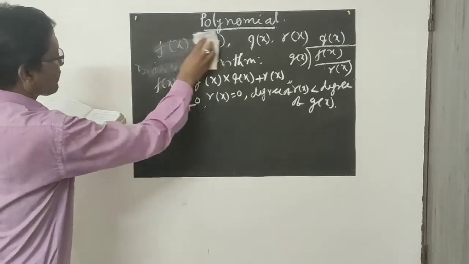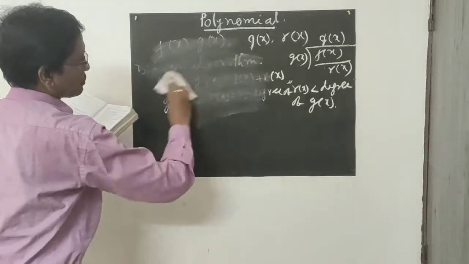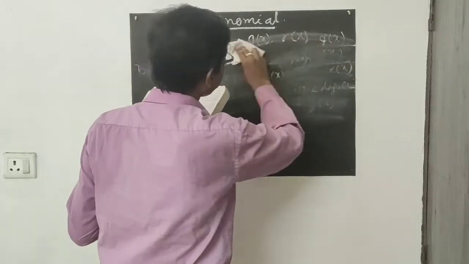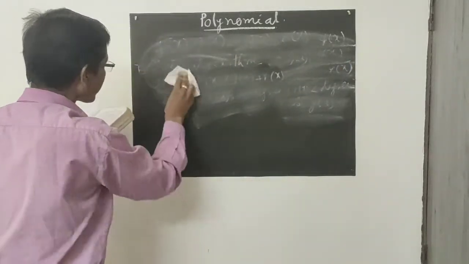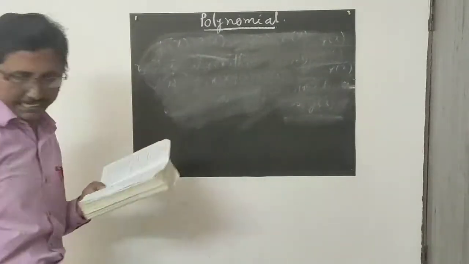Just suppose you have one polynomial being divided by another polynomial g(x).